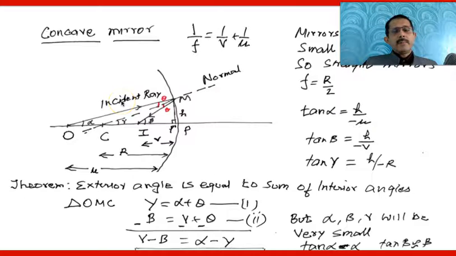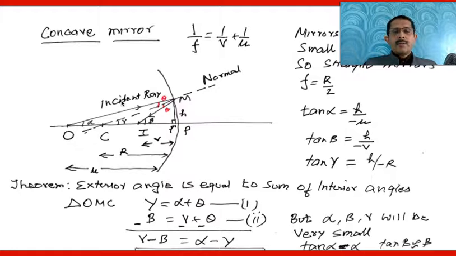Now we are proceeding a bit more, and we will go to the derivation of where exactly 1/f = 1/v + 1/u came from, which is the mirror formula we have been using. We will start with the concave mirror.